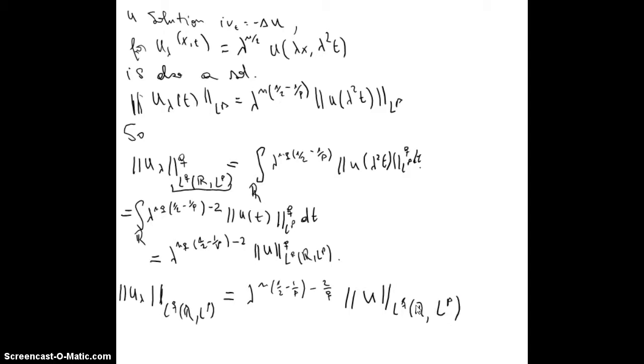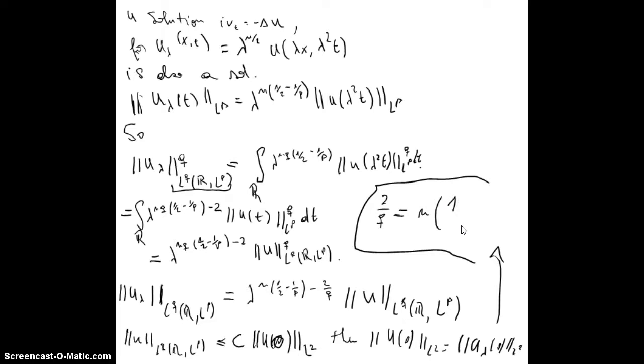Okay, so if there exists an estimation of the type, let's say the norm of u in L^q of L^p is less than or equal to a constant multiplied by the norm of u(0) in L2, then, as the norm of u(0) in L2 has to be equal to the norm of u_λ(0) in L2, it must be that 2 over q equals n(1/2 - 1/p).